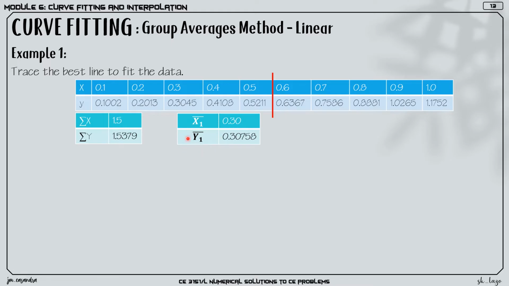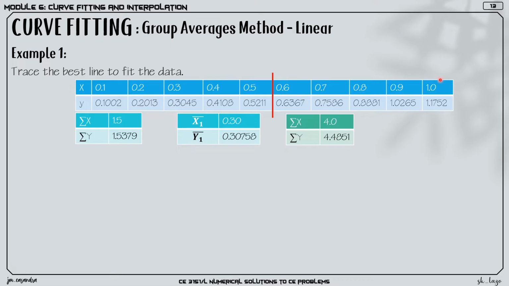Same for bar y sub 1. That is the sum of y divided by 5, which will give us 0.30758. And then we move on to the next group. For the summation of the variables of the second half, we have 4 for x and 4.48514 for the summation of y.